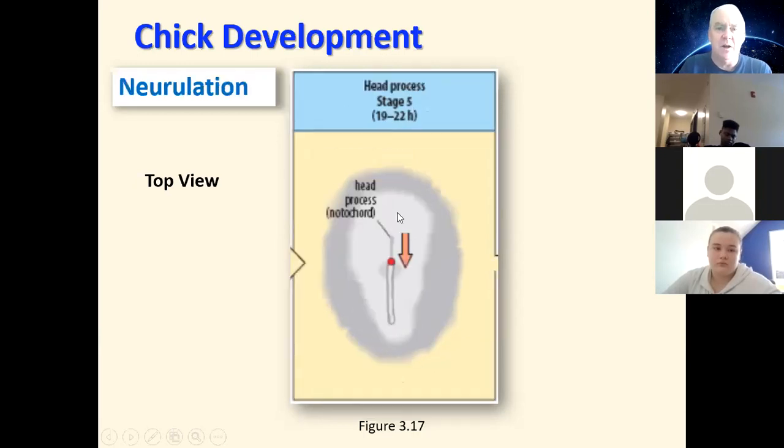So as it starts to come down now, it's going to be laying down notochord and somites. So Henson's node is like the Spemann organizer in the Xenopus. It's going to be an organizer, which means it's going to release signals that will specify tissues to be different types of tissues.